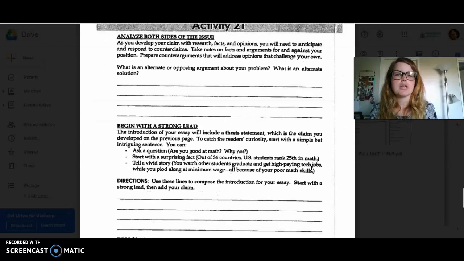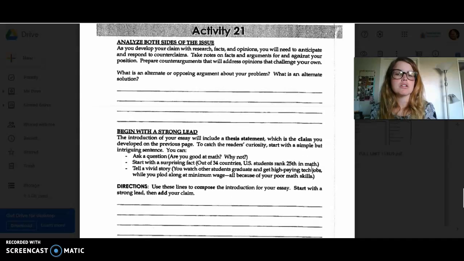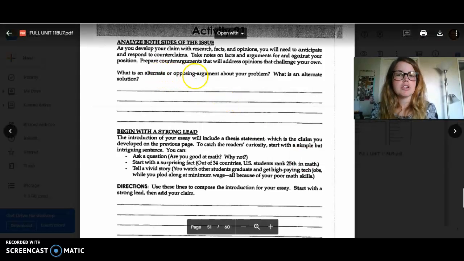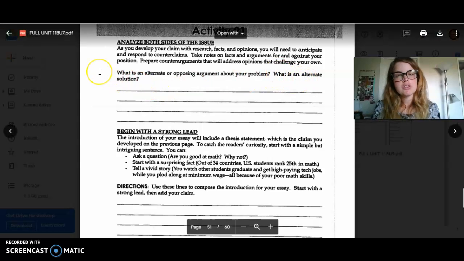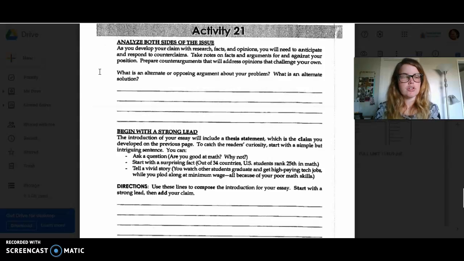Analyze both sides. So now I have to look at both sides of the argument to see what counterclaims are present. So what is an alternative or opposing argument about your problem? And what is an alternative solution, right? So in order to fix our dysfunctional government, we need to drain the swamp of all of our bad politicians.